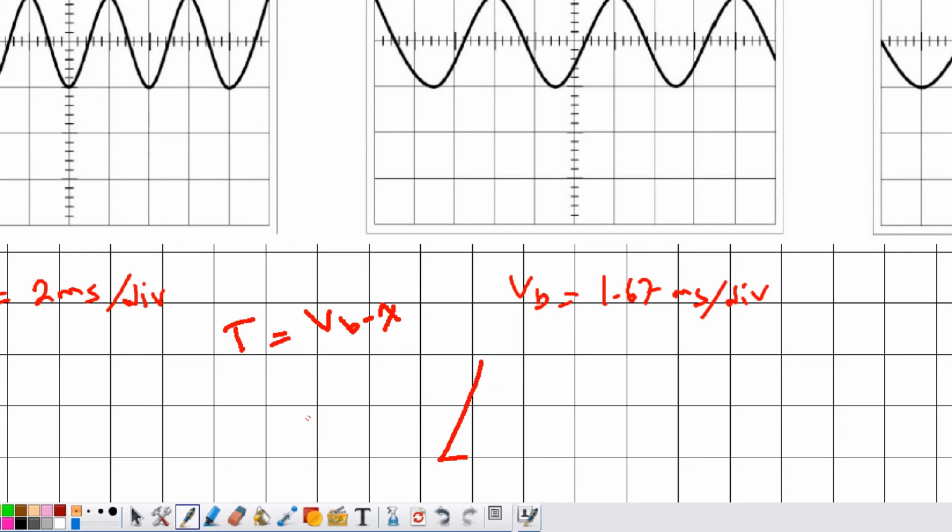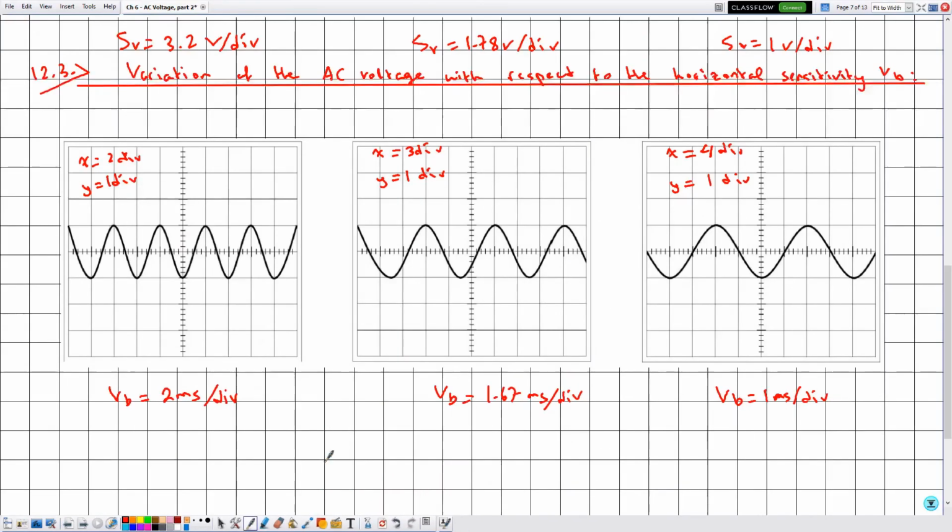Constructing the triangle of this formula, the period is at the top, VB and x at the bottom. Notice that VB and x are neighbors living in the same floor, which means they hate each other. As VB decreases, x will behave in an opposite manner, which means that x will increase because they are inversely proportional.